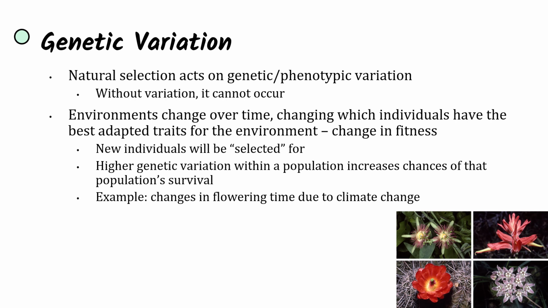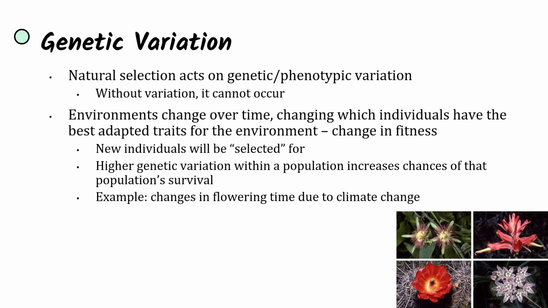And the other important note is that environments do change over time, and as a result of a changing environment, the individuals that have the best adapted traits for the environment also change. So now natural selection will occur for the traits that are now best adapted for the environment, because each environment brings its own challenges, and there are certain traits that are going to be advantageous for it.